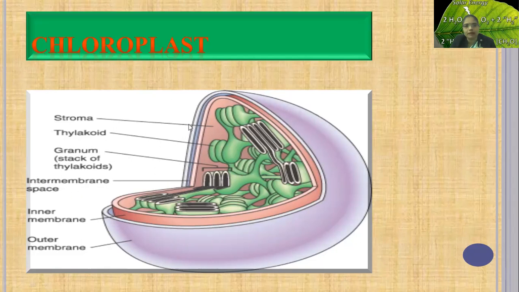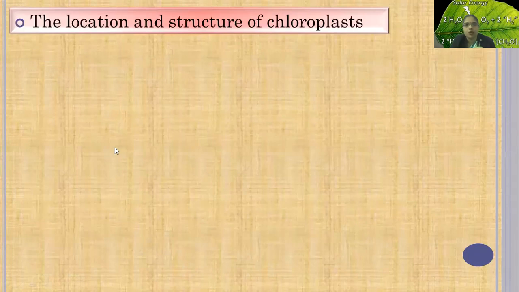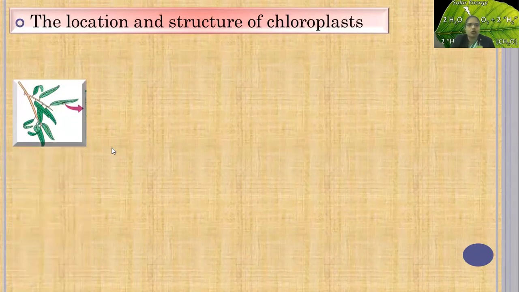The intermembranous space is between the outer and inner membrane. So this grayish colored space is known as the intermembranous space. Outer membrane, then inner membrane, intermembranous space, stroma, granum, and the thylakoid. Then location and structure of chloroplast.